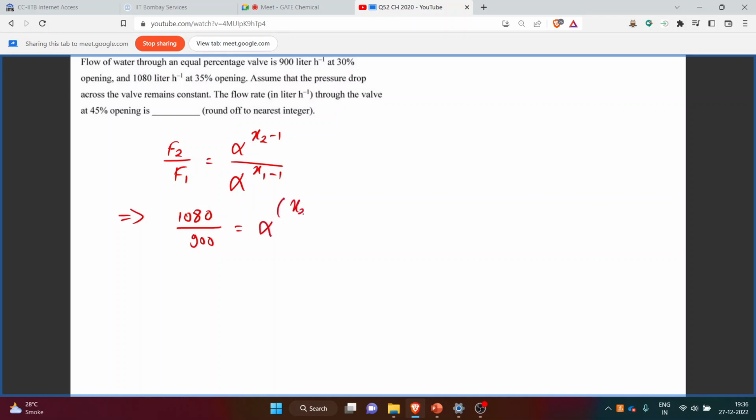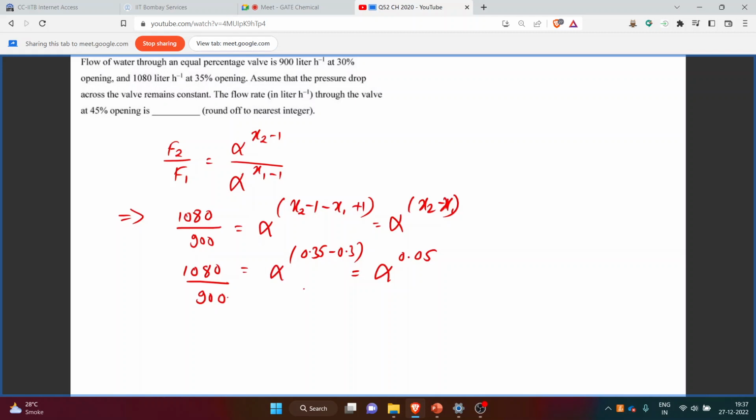This is alpha raised to x2 minus x1. Now x2 is 0.35 and x1 is 0.3, so that becomes alpha raised to 0.35 minus 0.3, which is alpha raised to 0.05, equal to 1080 upon 900.